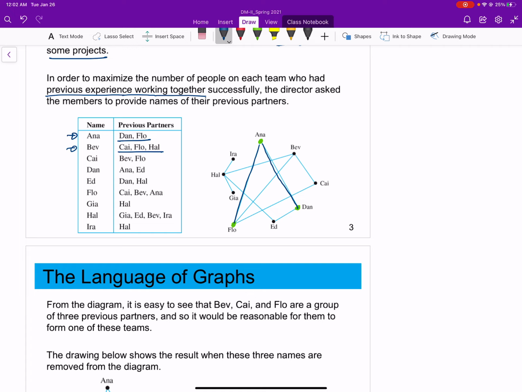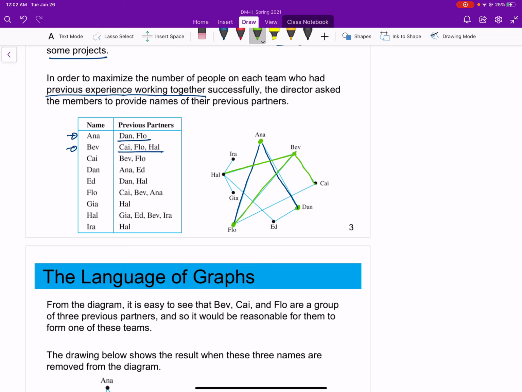And then go to Bill, who is here, and Bill worked with Kai, Flor, and then Hal. All right, so that's about Bill.